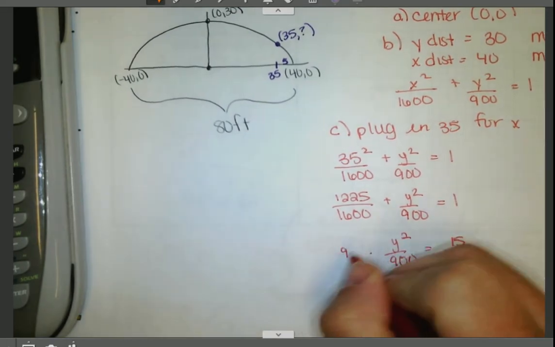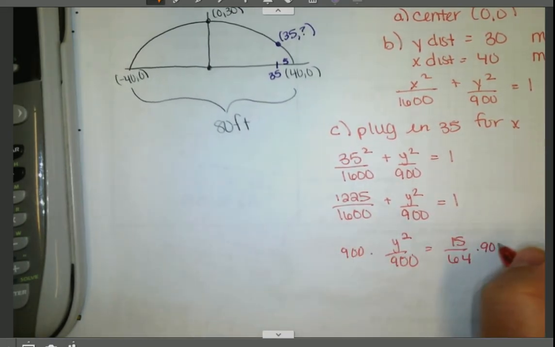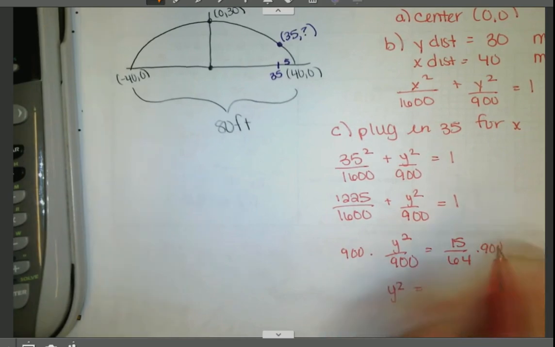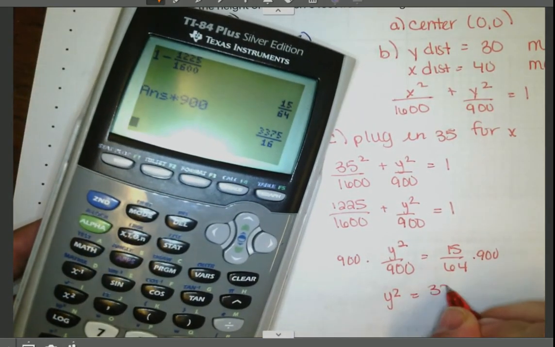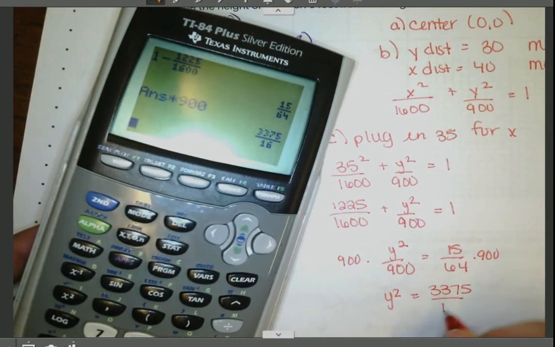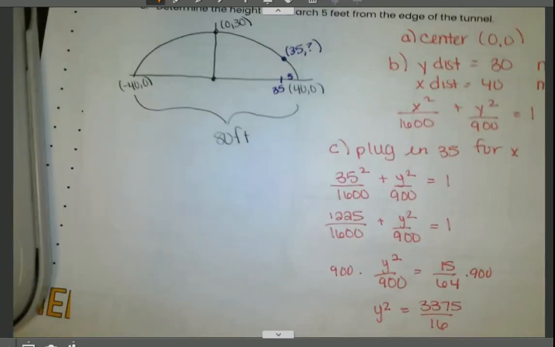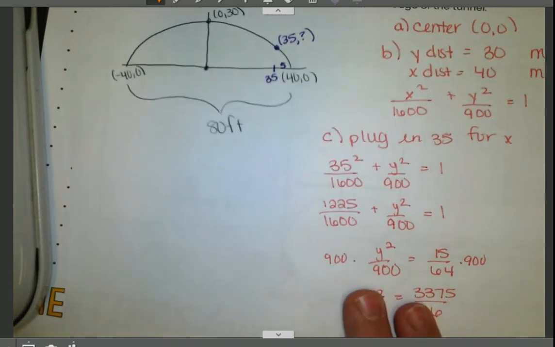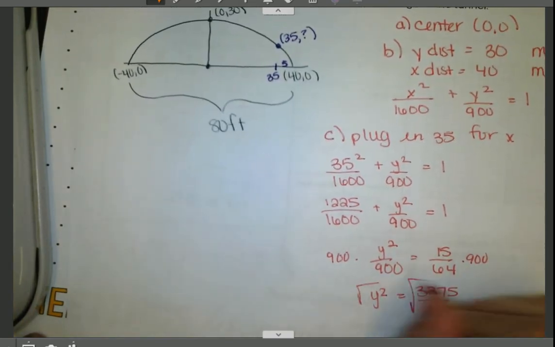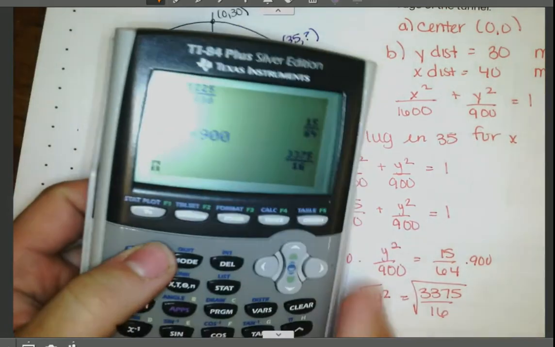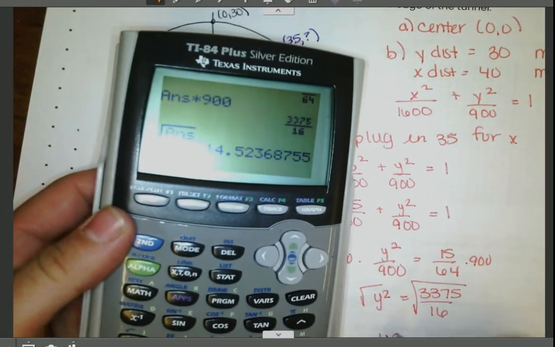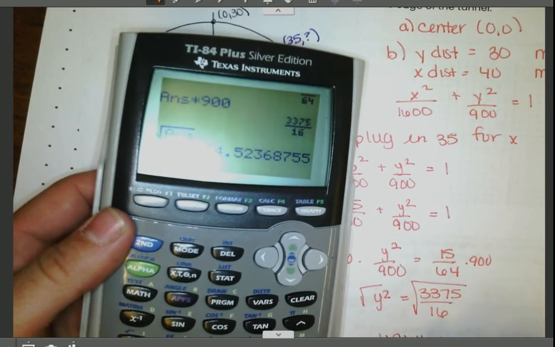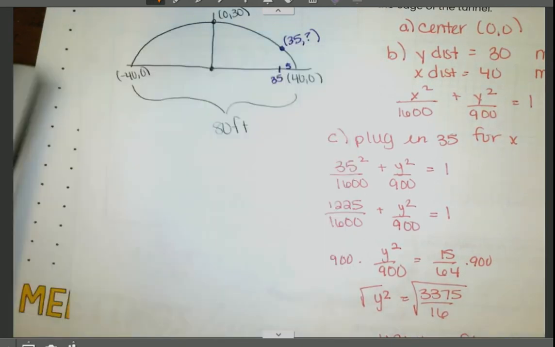If you didn't reduce, you're still fine. Multiply. Y squared is going to be equal to 3375 over 16. And we are going to want to talk about the height, and we'll round. I think tenths is fine. So when you take the square root of your answer, we are going to get y as approximately 14.5 feet.